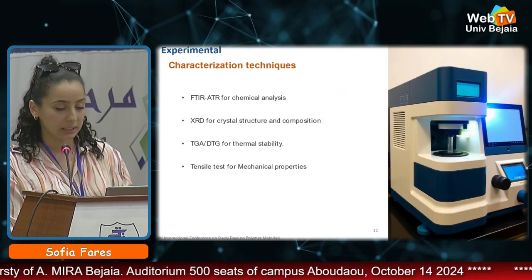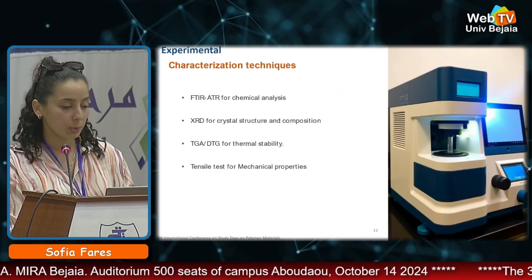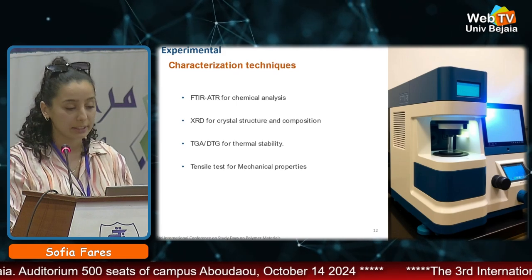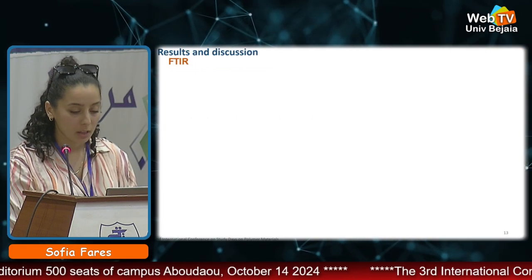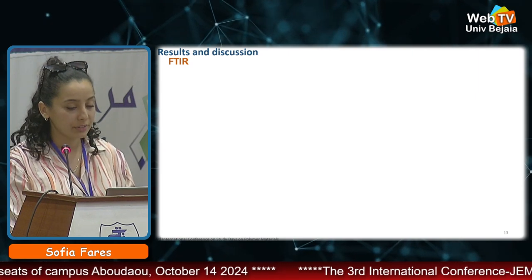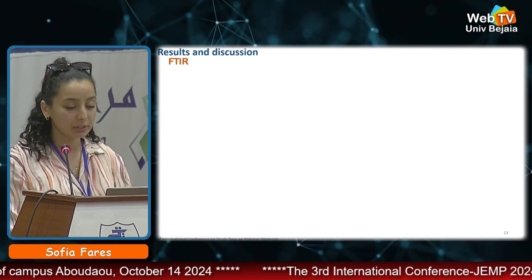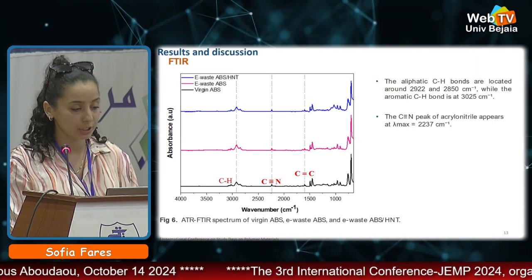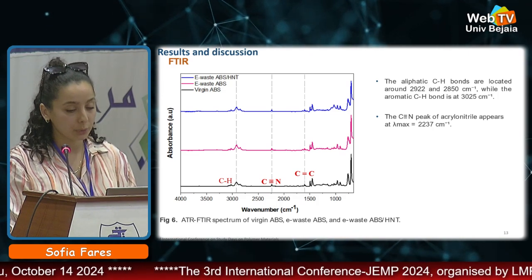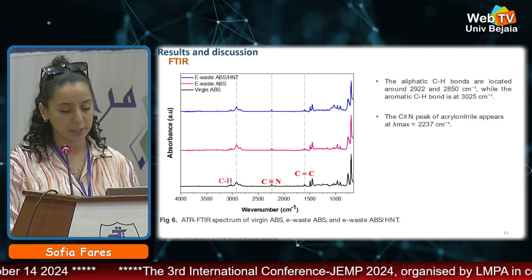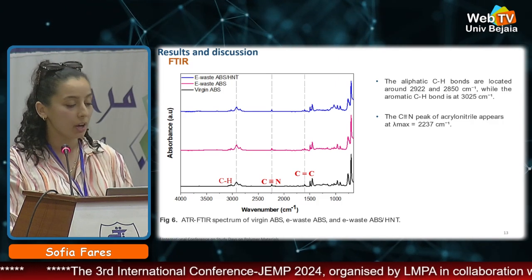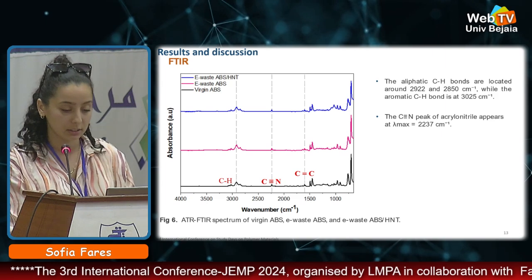We use different characterization techniques, which are FTIR, X-ray diffraction, TGA, and tensile test. The first technique used is infrared, which is a method for analyzing chemical composition and molecular structure. Figure 6 shows the infrared spectrum of virgin ABS, e-waste ABS, and e-waste ABS reinforced with 5 weight percent of HNT.